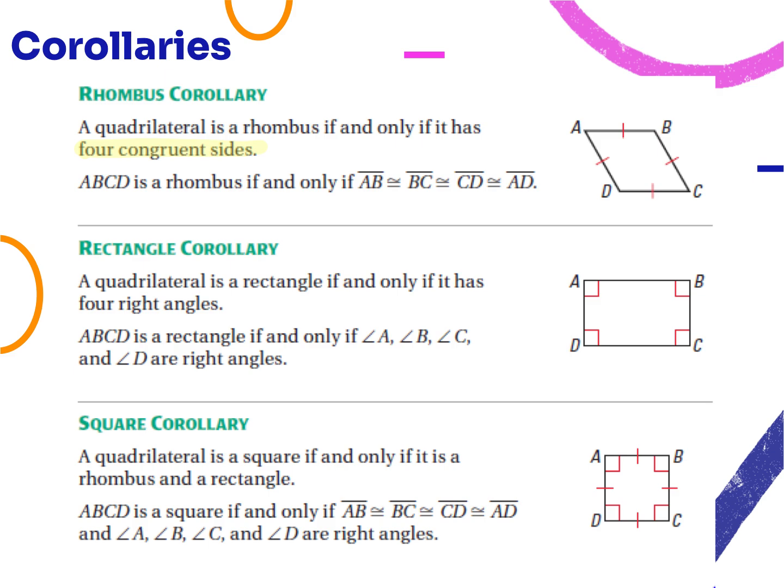Then a rectangle is a quadrilateral if and only if it has 4 right angles. That has to do with my angles. And then a square, if and only if it is a rhombus and a rectangle. So meaning it's 90 degrees, all right angles, and all sides are congruent.